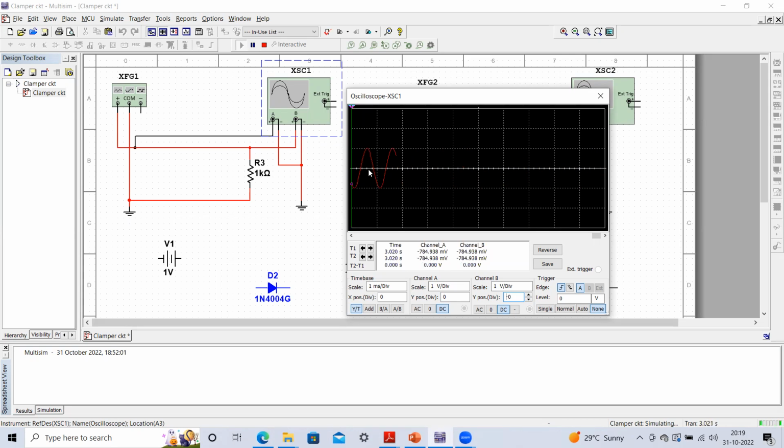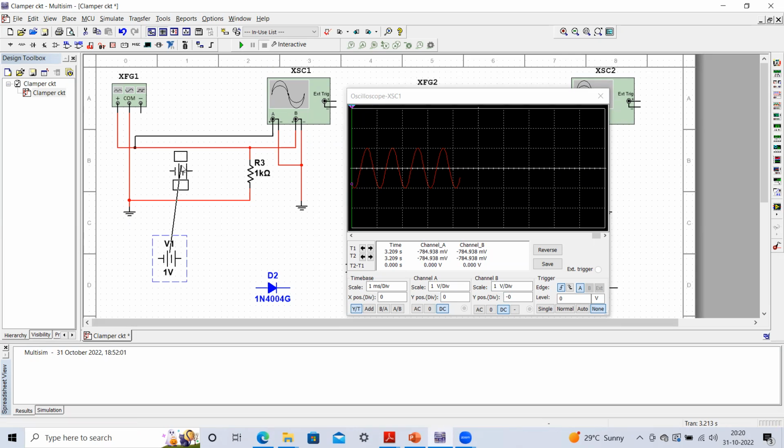So this signal has its average value equal to 0. If you want to change this DC level, that is, shift this AC signal, we can add a particular DC quantity to this signal.